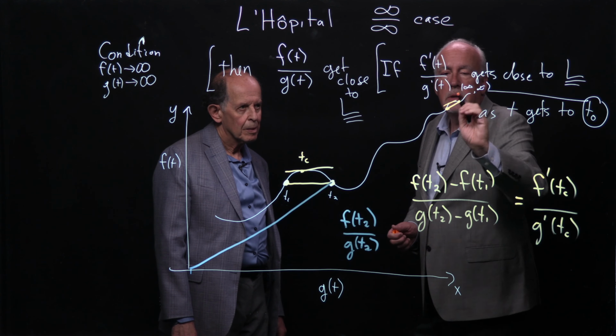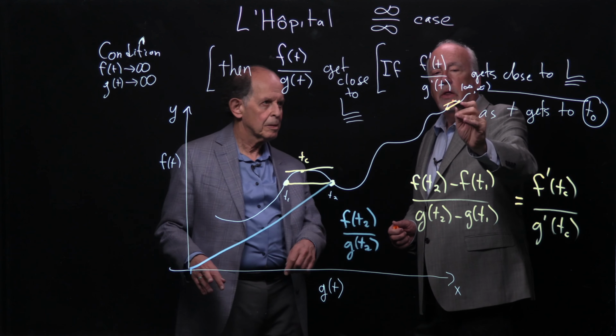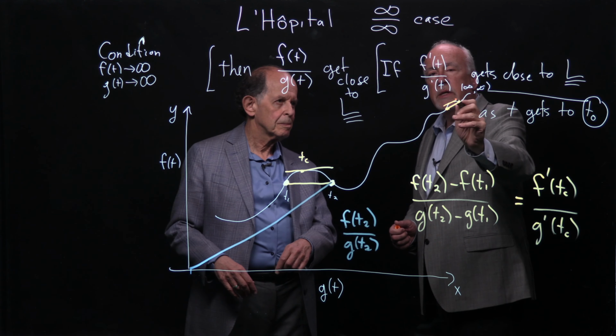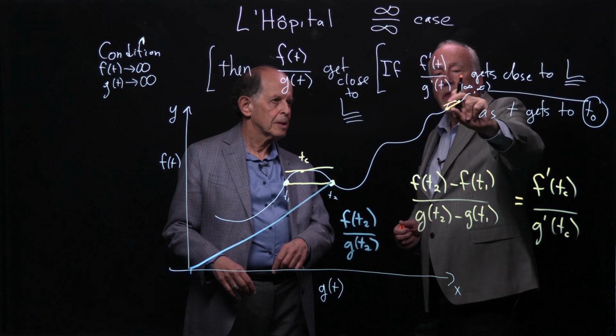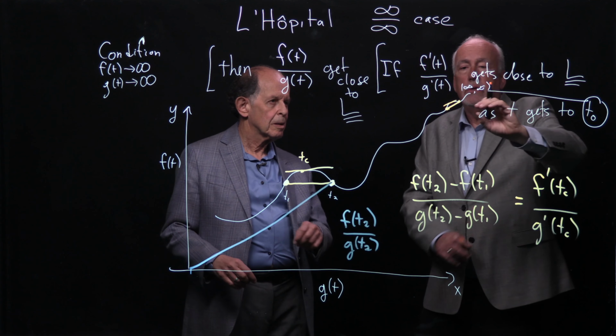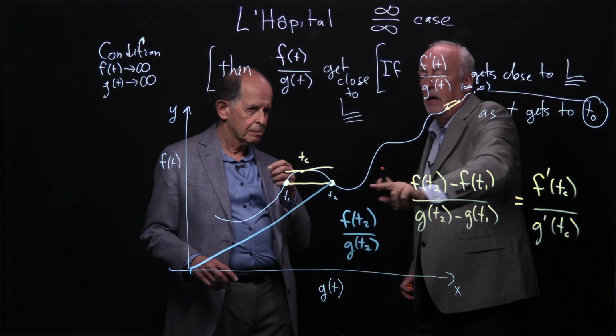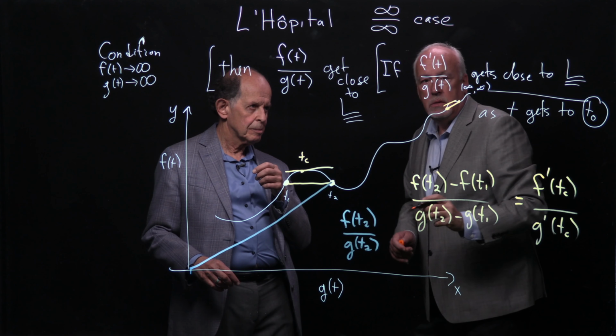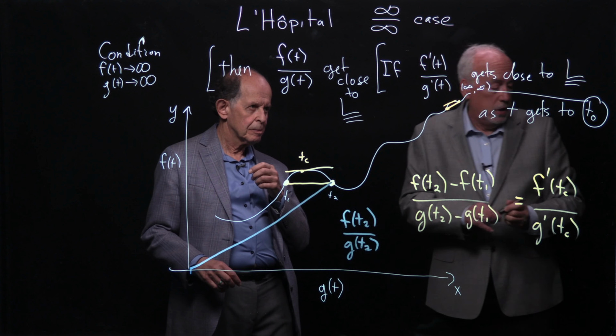And then we're saying these two slopes are the same, but this is f prime over g prime, and that's very close to L now, because I'm going further and further out towards f and g being infinity. And when I pull out this line now, of course, I'm going to draw it in blue.